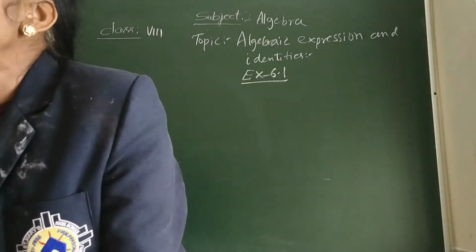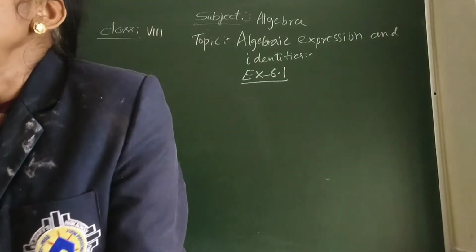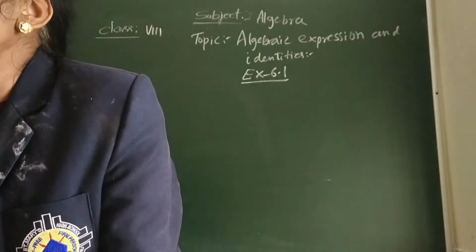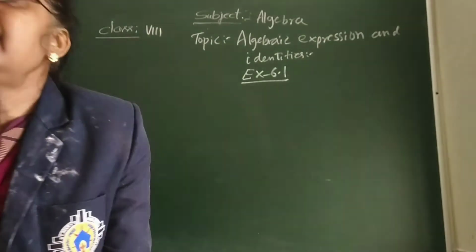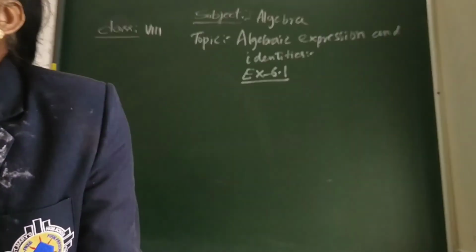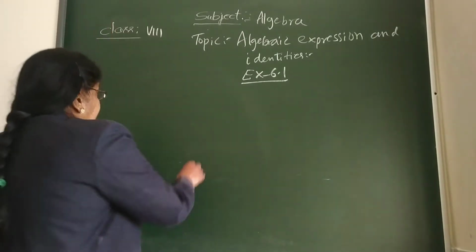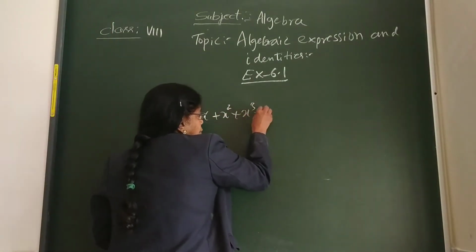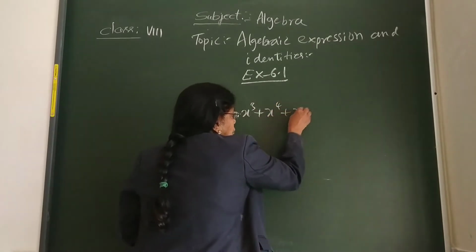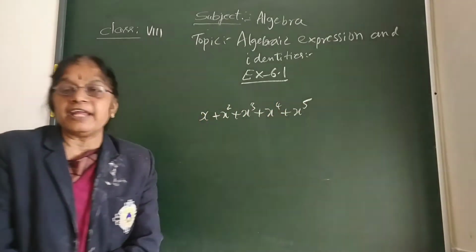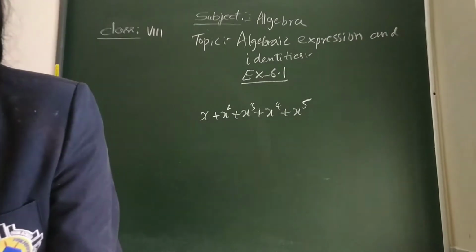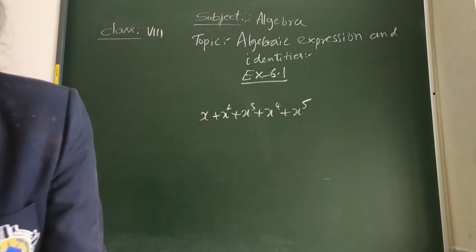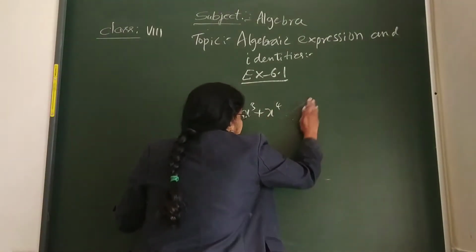And what is given in that second question? Which polynomials do not fit in any of these three categories? See the polynomial: x plus x squared plus x cubed plus x to the power of 4 plus x to the power of 5 is given in that sum.